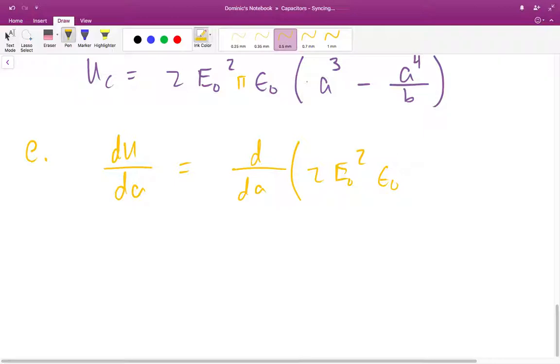So we have 2 e naught squared epsilon naught pi, and then all of this multiplied by a cubed minus a to the fourth over b.